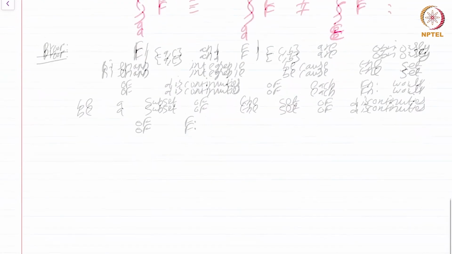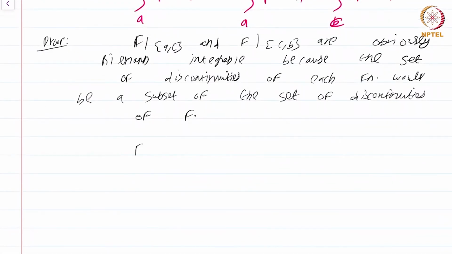Now observe that I can write f as f times chi of [a,c] plus f times chi of [c,b]. I can write the function f as a sum of the product of f and chi [a,c] plus f times chi [c,b].